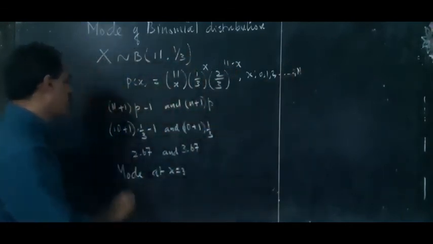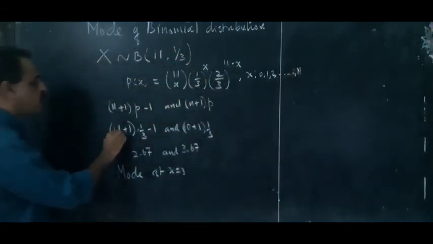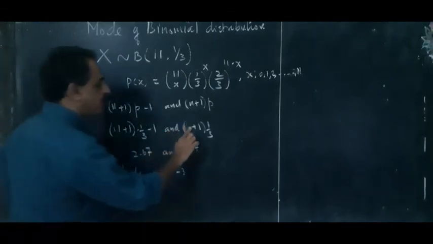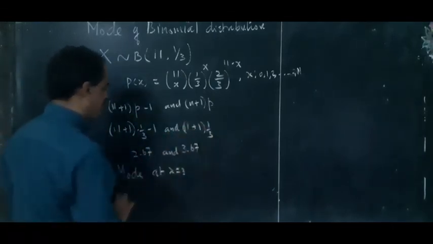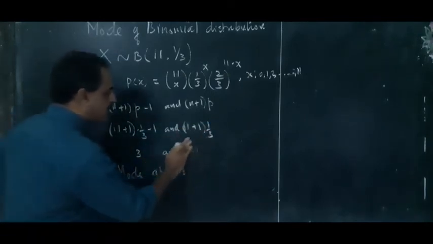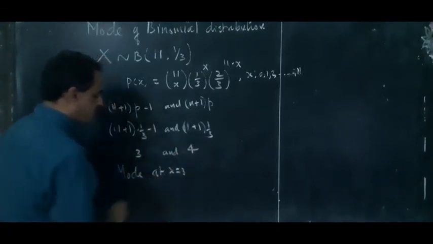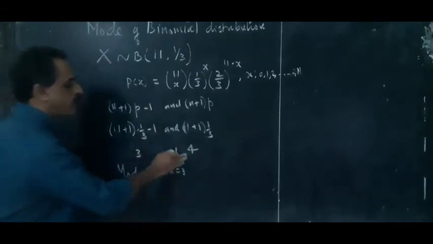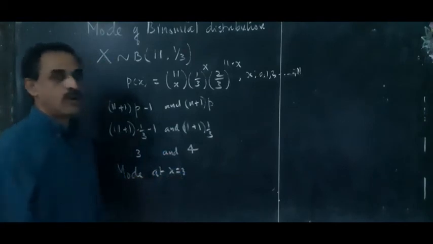So in this case, the limits are (11+1)(1/3) − 1 and (11+1)(1/3). And (11+1)(1/3) is 4 and this is 3. So we say that in this case the binomial distribution has two modes.